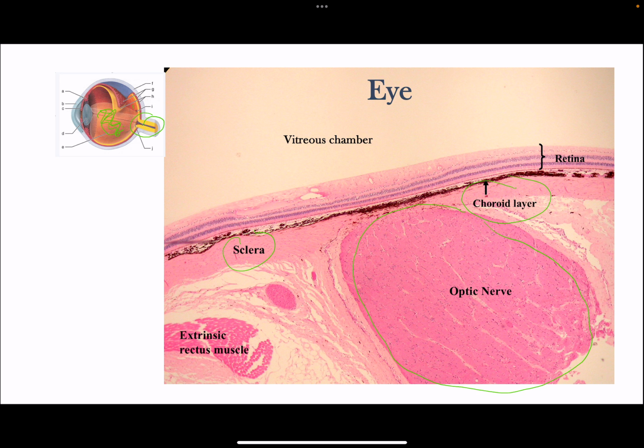Then the muscles should be over here, attaching the eye to the socket. So this is the external rectus muscle. Those are the things we see. This is the whole eye structure, pretty much the posterior part of the eye with the muscle.